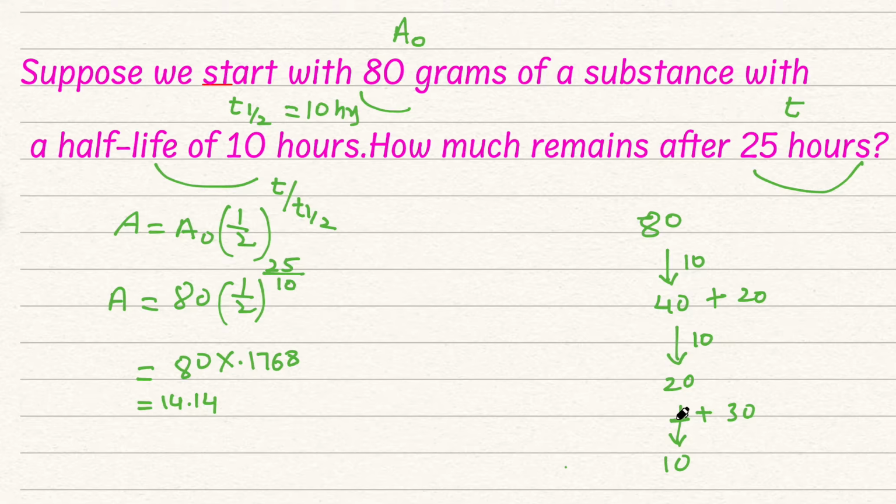It will not be 15, because in this duration also it is decaying. It's 14.14 grams. So in case of continuous decay we should not make these kinds of guesses. Apply the formula. I hope that is clear.